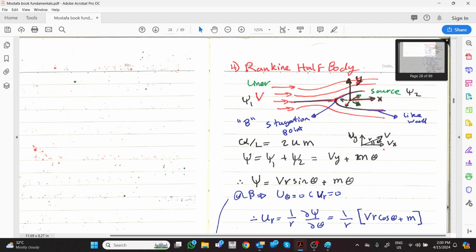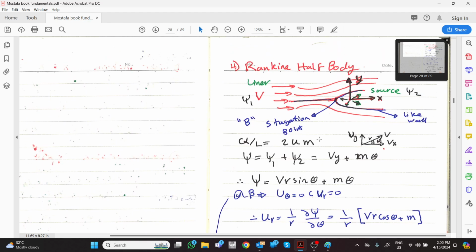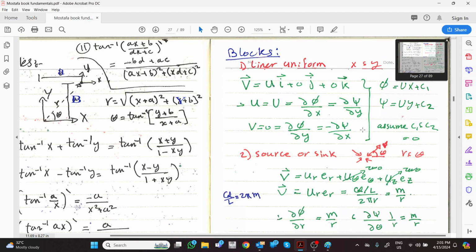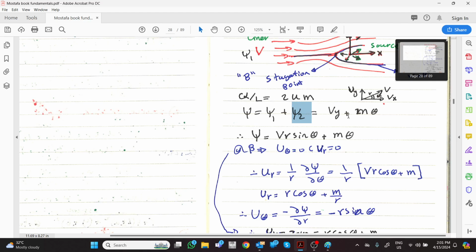There is the Rankine half body. Also, it is a combination, which we stated. It is an example: source and linear flow. It can be simulated like this. So here it will be like a wall due to the streamlines. And this is a separation point, just the definitions. We know that psi equals psi1 plus psi2 as we agreed. So from it, psi1 is what? It is a linear flow, V y.